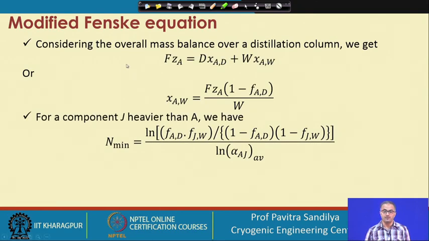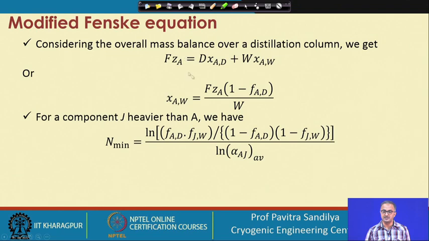Now, if we consider the overall material balance of the column, considering there is only one feed, only one distillate, and only one bottoms, we write the mass balance equation which we have already seen.